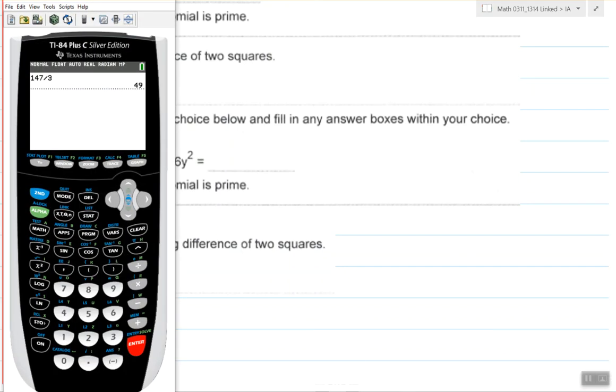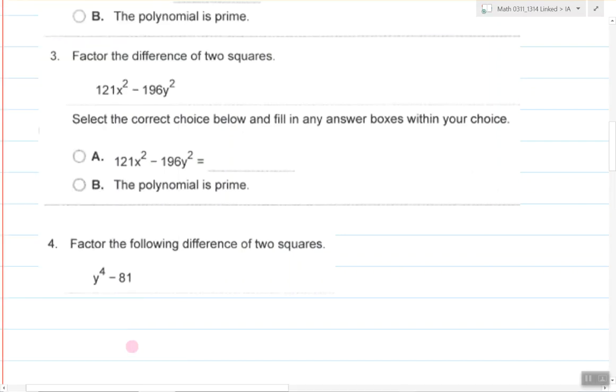Remember that you could certainly just go in here and do second square root 196, enter, and there's our 14. So we don't have to memorize them, but it really will save you some time if you do recognize many of them. It is the difference of squares.